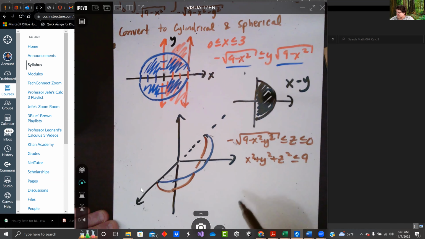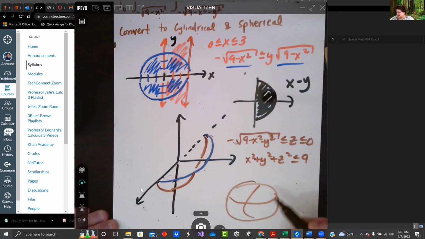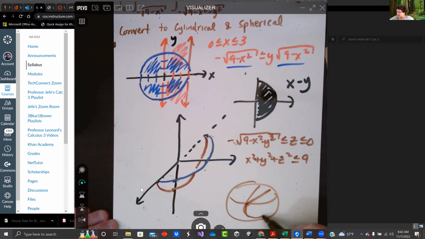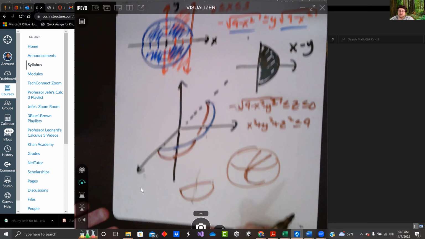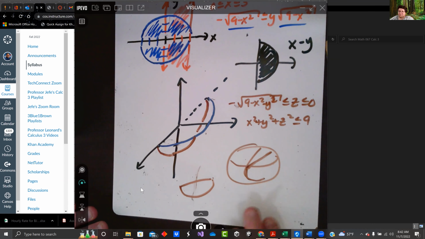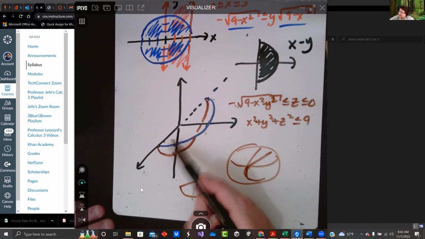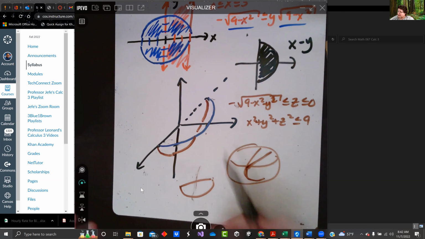So this looks like a sphere, but I only have 1/4 of it. I have a wedge, like if you cut an orange into fourths. I have the 1/4 that is below the z-axis and where y is greater than 0.